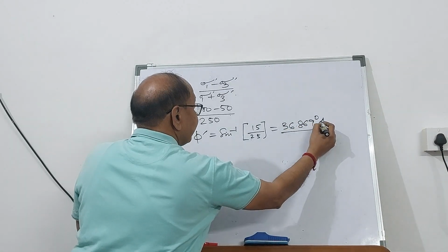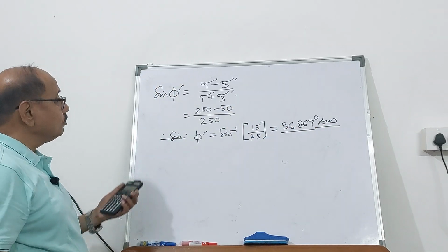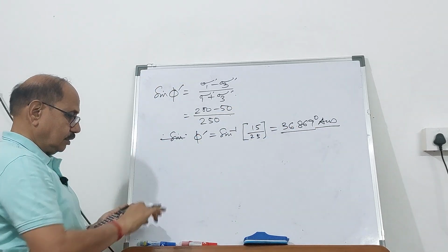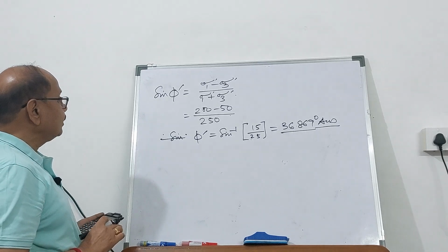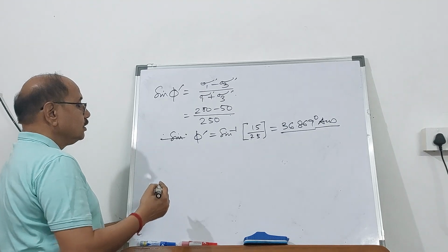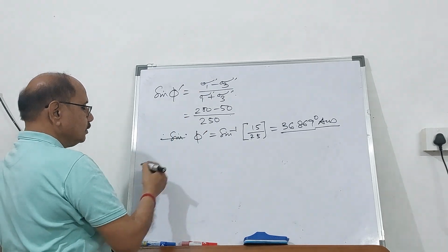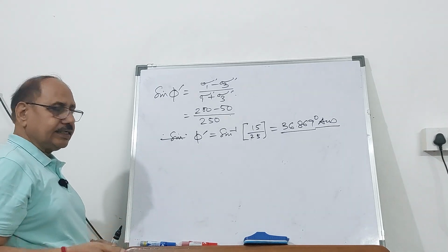So there is another way of attempting that 2020 GATE problem. Either from that or from this, you can find it out. So in a drained test on sandy soil, you can use this formula and find it out quite easily.